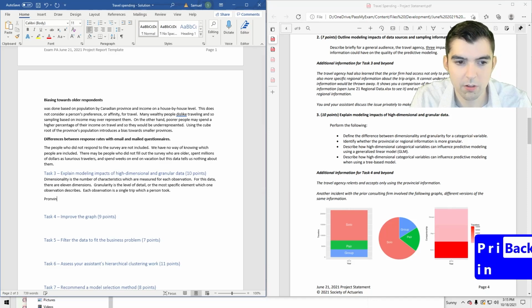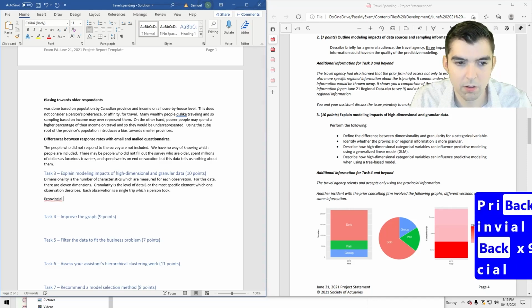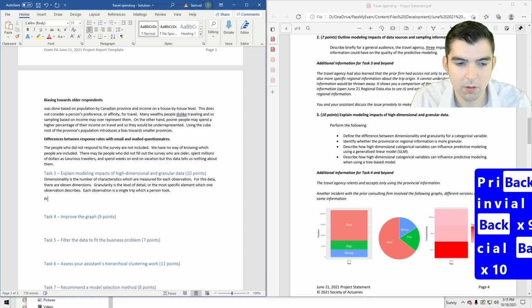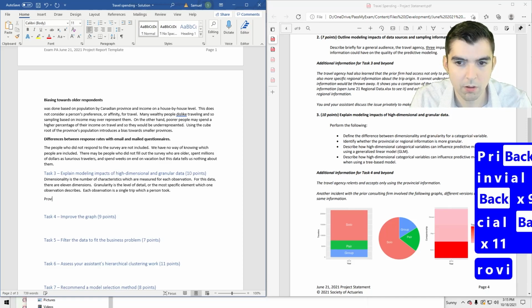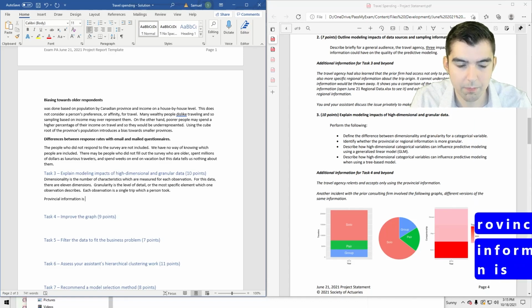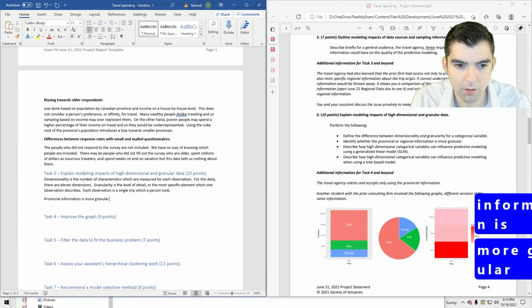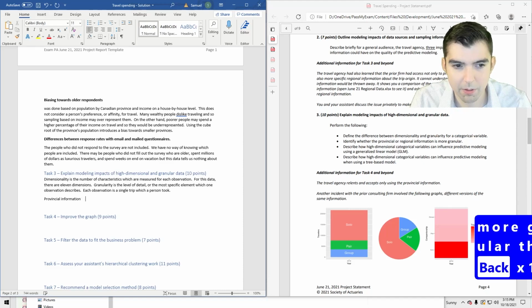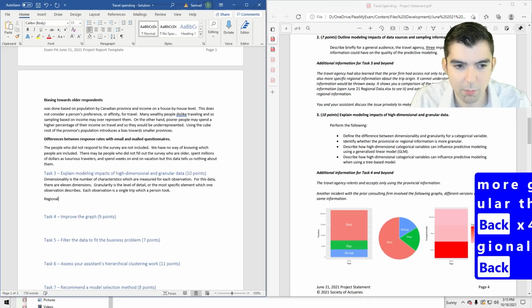Provincial is more granular. No, I think it's the other way around. I think there are multiple regions.